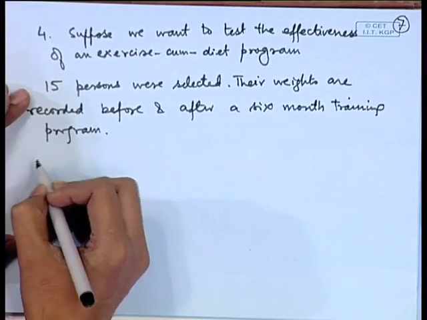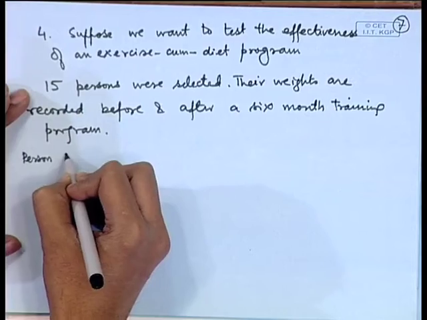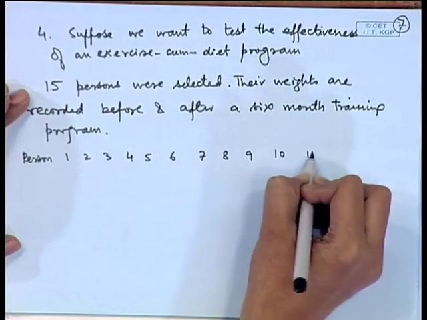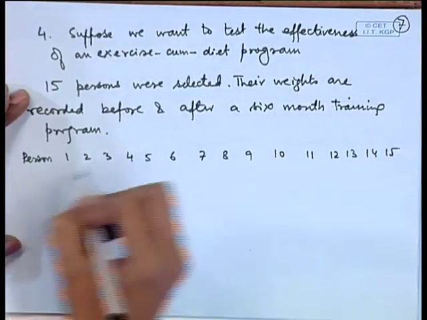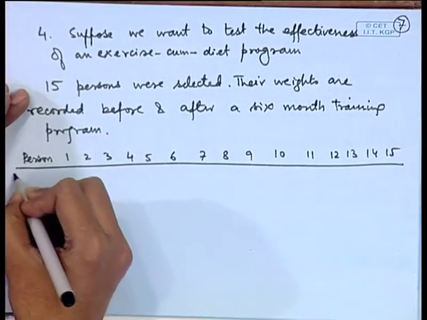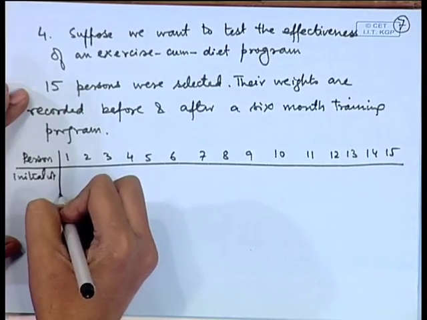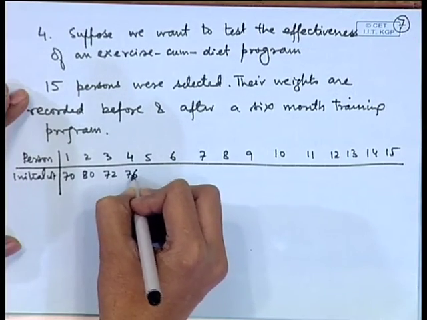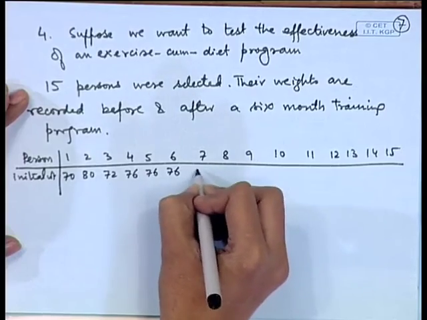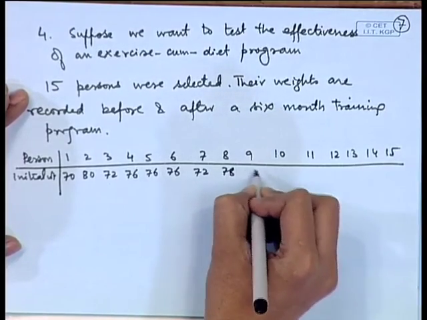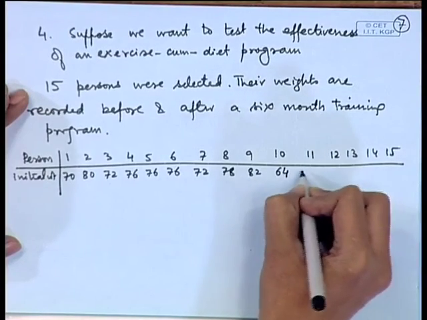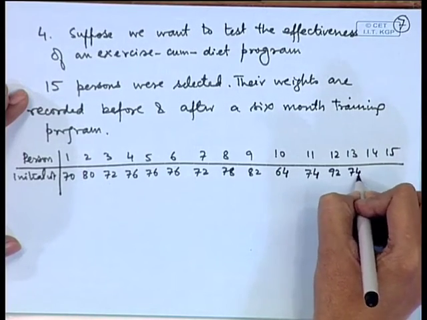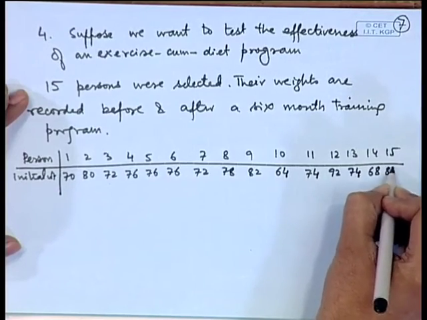Let us see the data given in this form. We have persons 1, 2, 3, up to 15. The initial weights are 70, 80, 72, 76, 76, 76, 72, 78, 82, 64, 74, 92, 74, 68, 84.